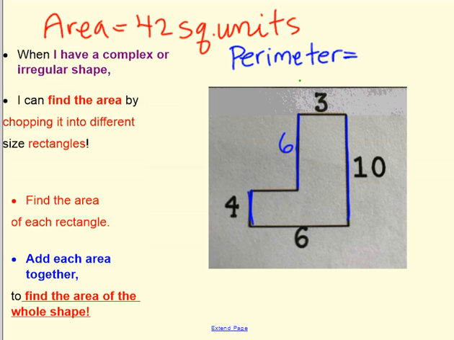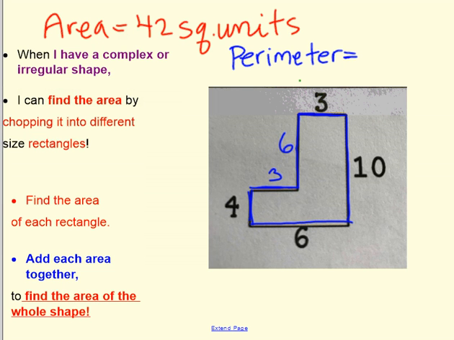Then they have to find this missing side right here. Now they know that this whole part is 6 units, and this part is 3. If this part of the 6, which is parallel, is 3, this side is going to be 3, because 3 plus 3 is 6. Now, if they have all of the sides, they can find the perimeter.